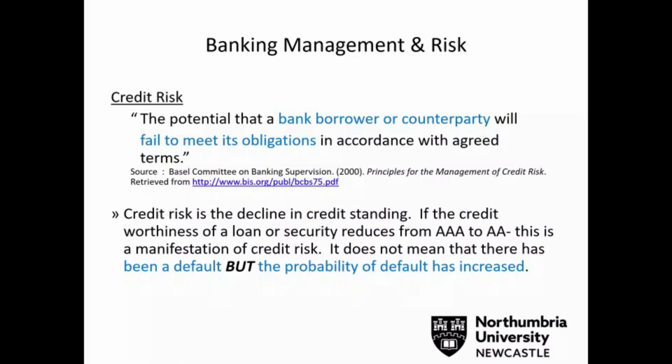You'll be very familiar with credit rating agencies that rate individuals and organisations on the likelihood of them defaulting. And typically, if individuals or firms have a lower credit rating or a poor credit history, then on a loan you'd be charged more. Now, you're probably thinking, if you charge someone more who can't afford it in the first place or is likely to default, why would you do that?